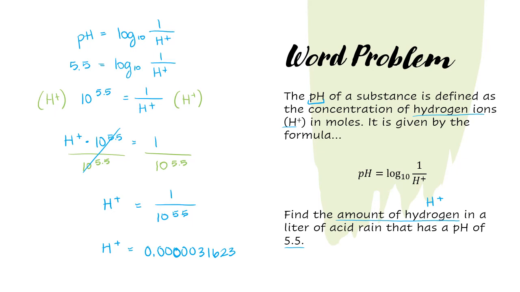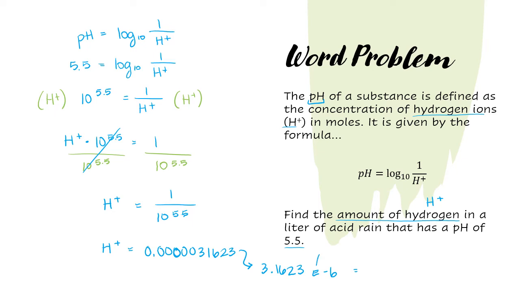Now you might also see, especially if you're plugging this into your phone, something like 3.1623, then a little e with a -6 next to it. That's scientific notation, something that we will certainly talk more about in future math classes. It's another way of rewriting super tiny or super big numbers.